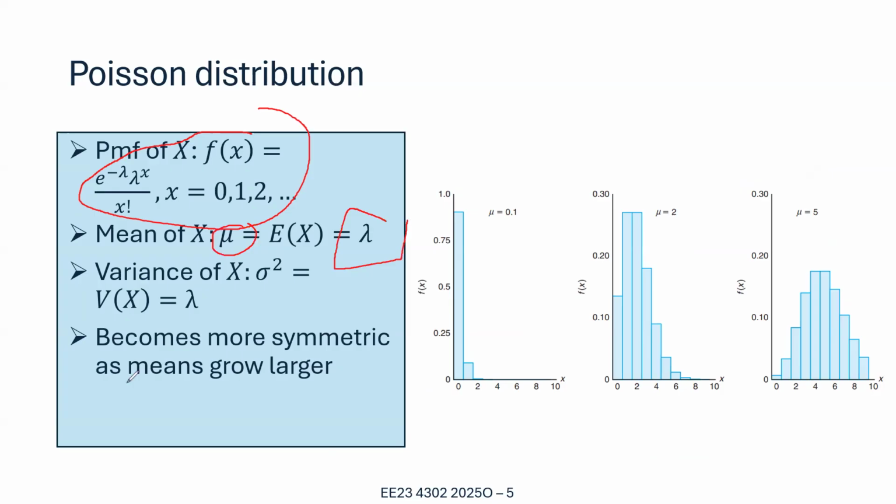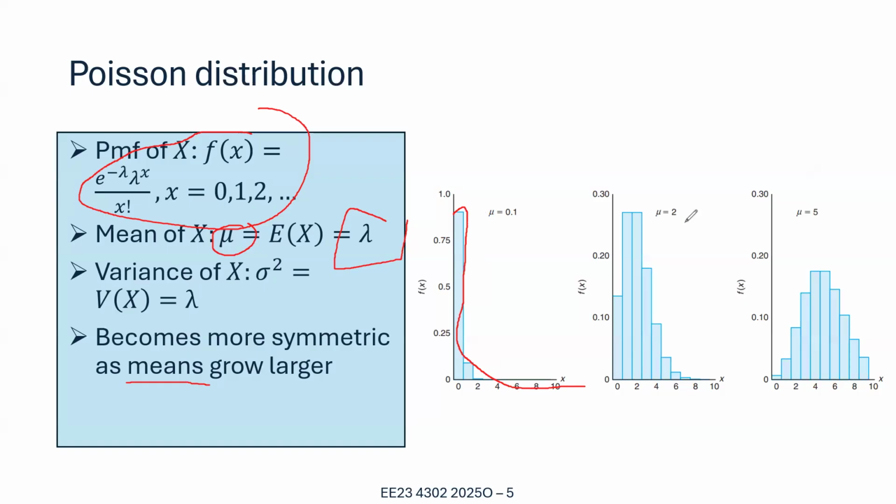As the mean, or lambda, grows larger, the shape of this distribution becomes more symmetric. You can see here if mu is 0.1, then it is very heavily skewed towards a small x.